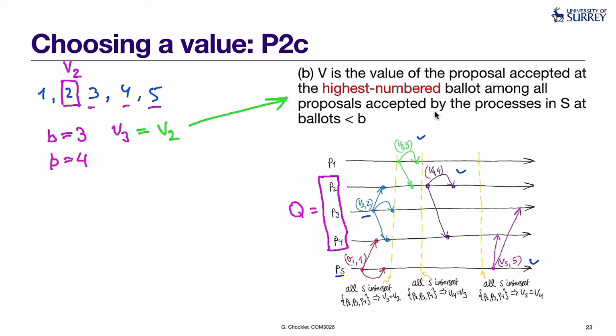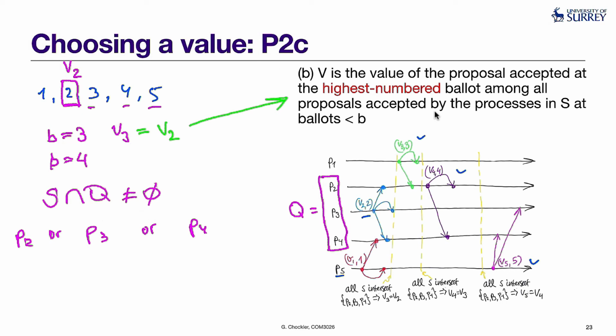So again, by the same reasoning, we have some quorum S, and this quorum, of course, intersects quorum Q, and so again we are guaranteed to encounter at least one of P2, P3, or P4 in this quorum S. It means that the maximum ballot with which we will see any value accepted is guaranteed to be at least ballot 2, with which the value was chosen.